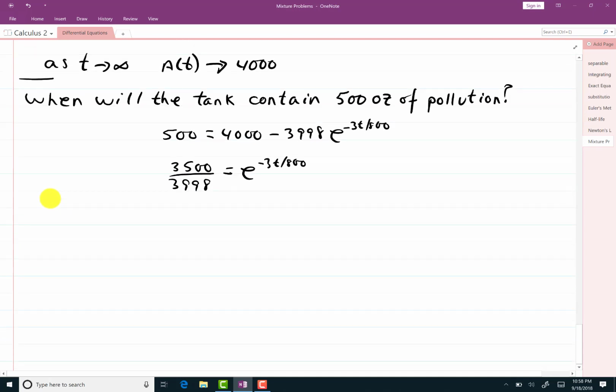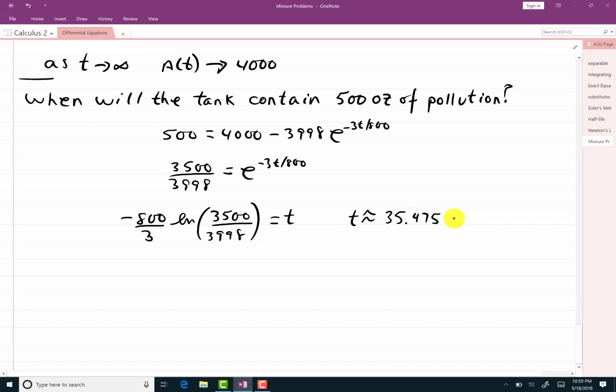Natural log, multiply through by negative 800 over 3, and we have negative 800 over 3 ln of 3,500 divided by 3998 will equal t. T will turn out to be approximately 35.475 minutes. So there's the answer to that part.